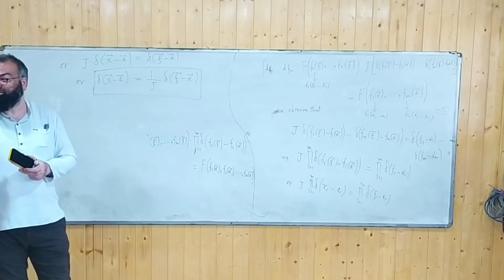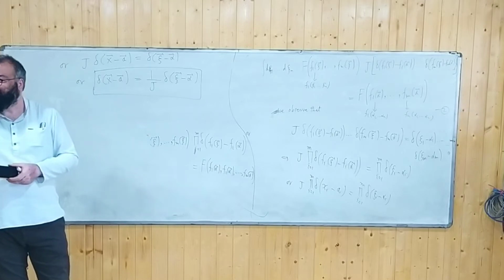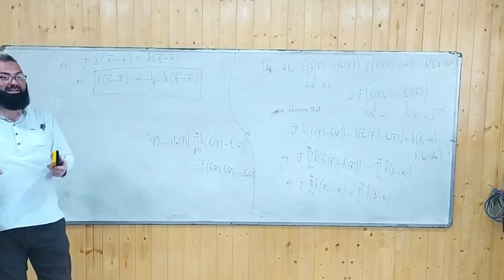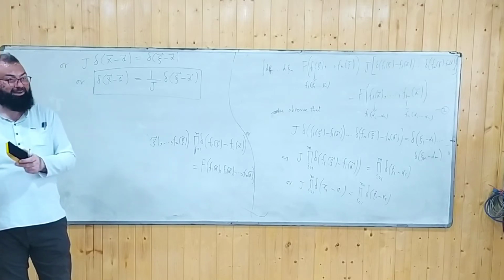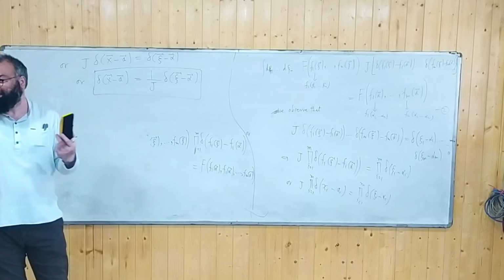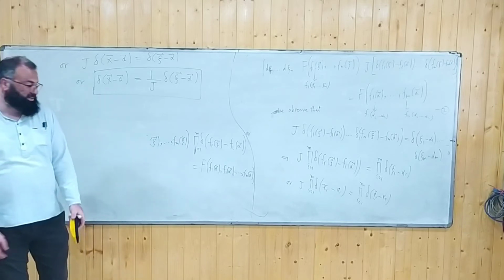That there is no singular point in the coordinate system. We assumed our coordinates transform from one system to another with an invertible transformation at all points.